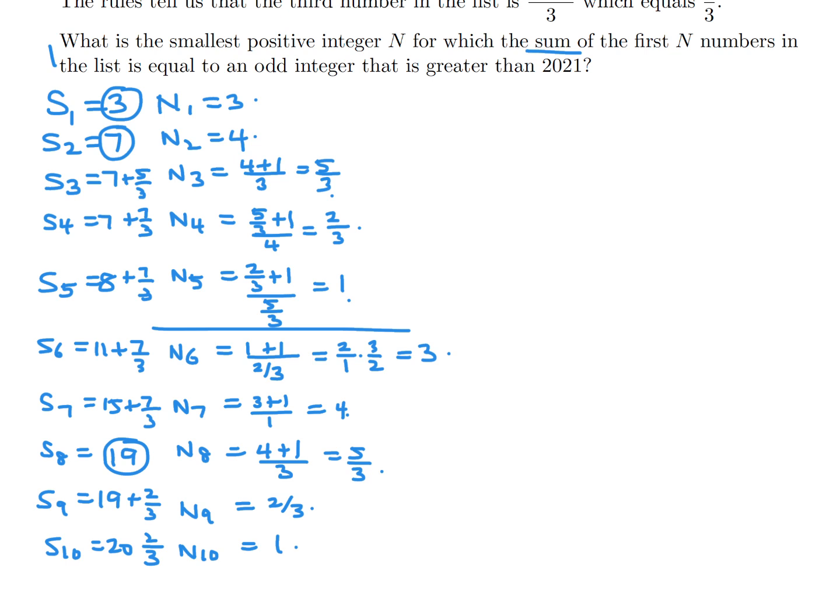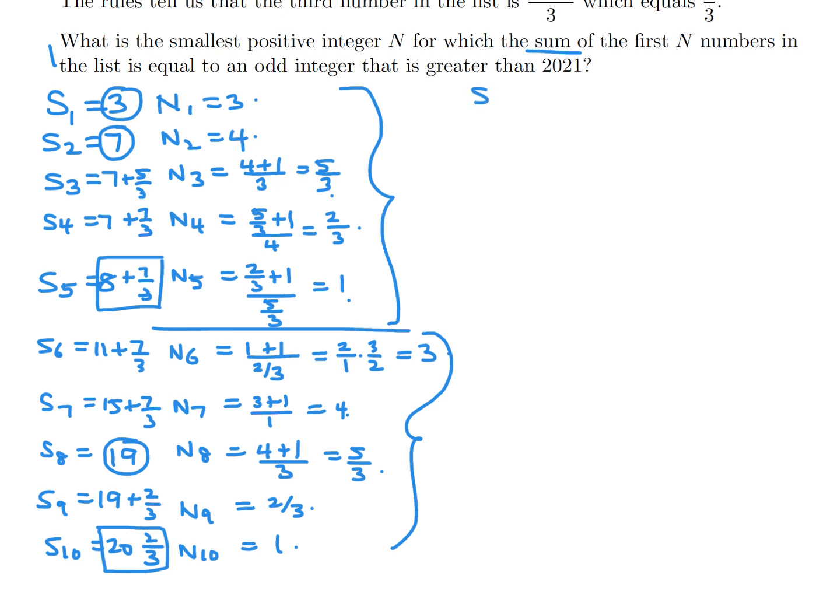Okay, but the thing is, since this repeats itself, every group of 5 will add up to this, right? Since it's the same numbers. So 8 plus 7 over 3 is what? Let me just think about that in terms of decimal. It's a 10.3 repeat, right? Yeah. So every group of 5 would just be a multiple of 10.3 repeat.